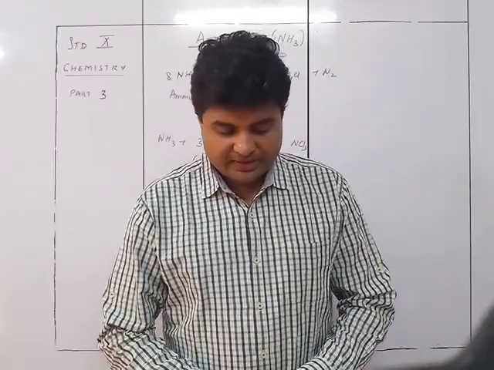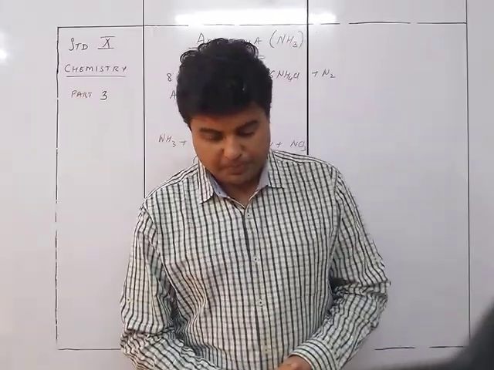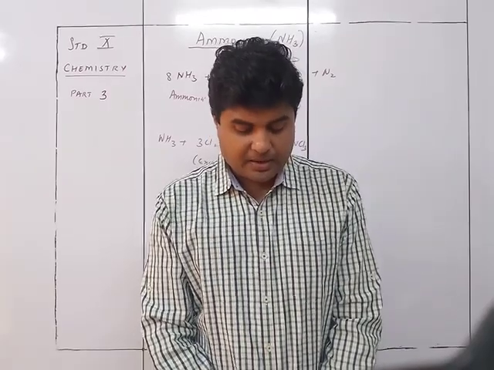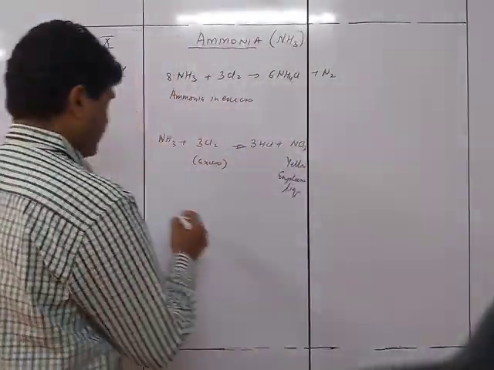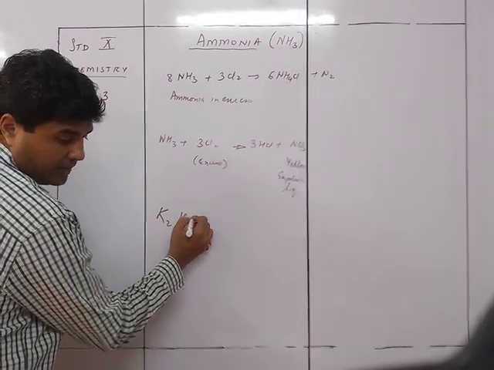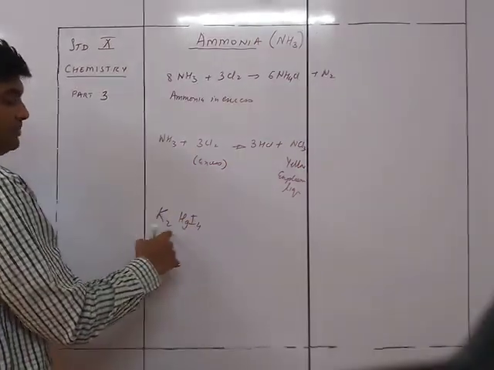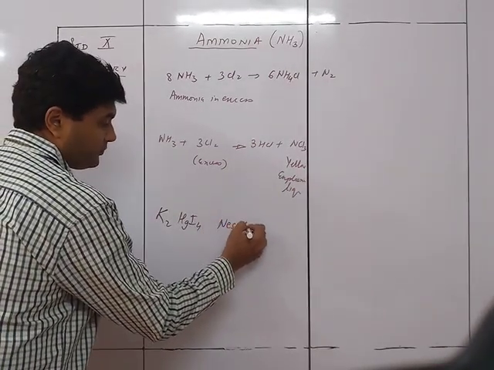And one more thing is Nessler's reagent. Nessler's reagent is nothing but potassium mercuric iodide. It is K2HgI4. This is potassium mercuric iodide, Nessler's reagent.